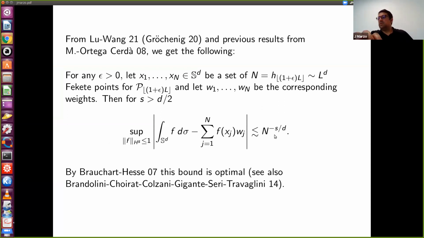But of course, one problem that you can imagine is that these Fekete points are basically impossible to compute. And although these integration weights are independent of the functions, so once you have this in a list or whatever, you can just use it for any function, in any case, it's basically impossible to compute these points and the weights.